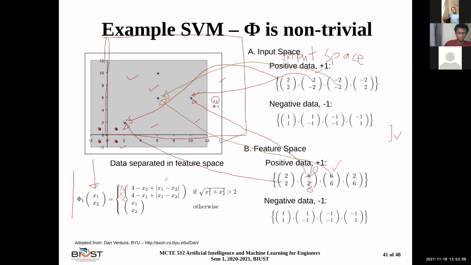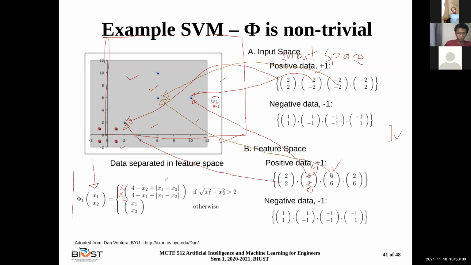Okay. And then we say that for the data where the norm is less than 2, for sure here the norm is less than 2, because it's 1 squared plus 1 squared, 2, square root of 2. What is square root of 2? 0.707, I think.